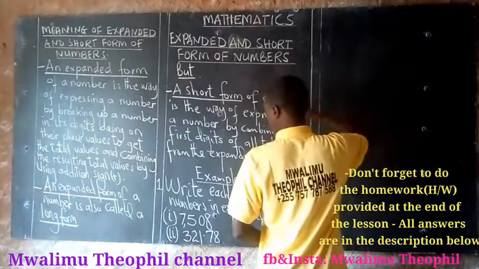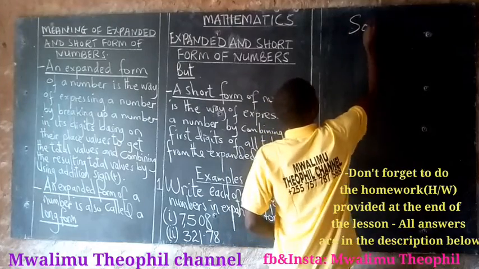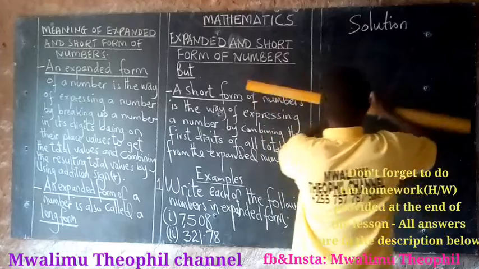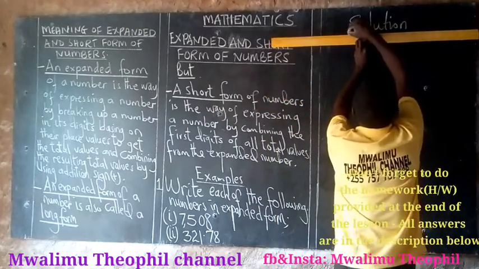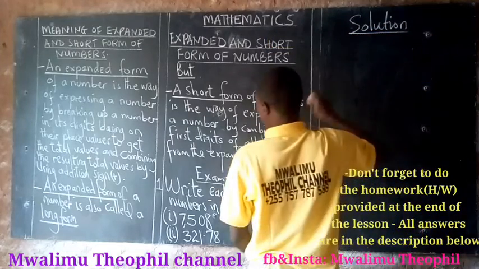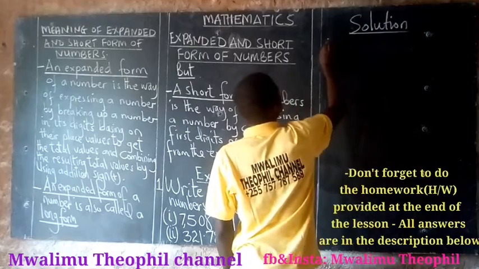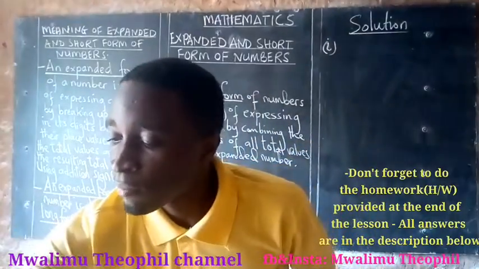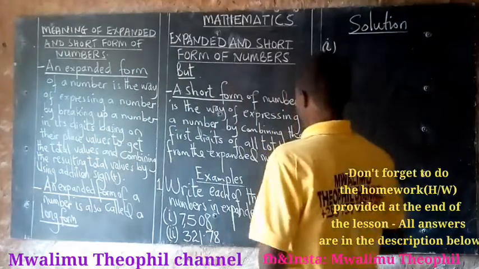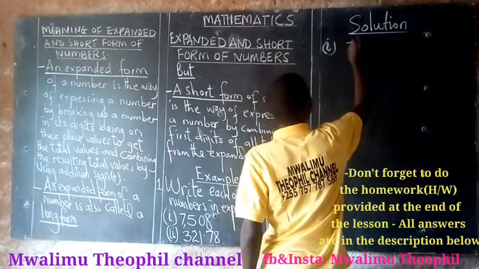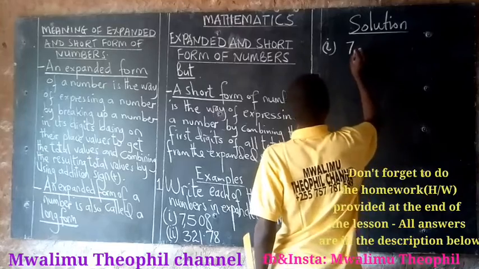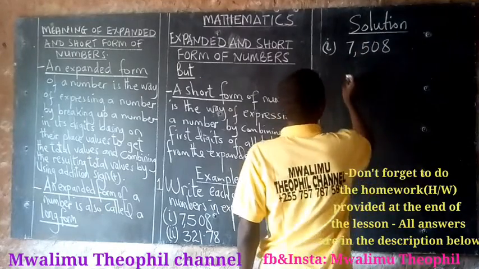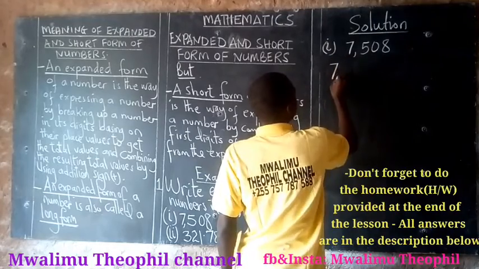A solution for the first part. Number 1. We are given to write 7,508 in expanded form.